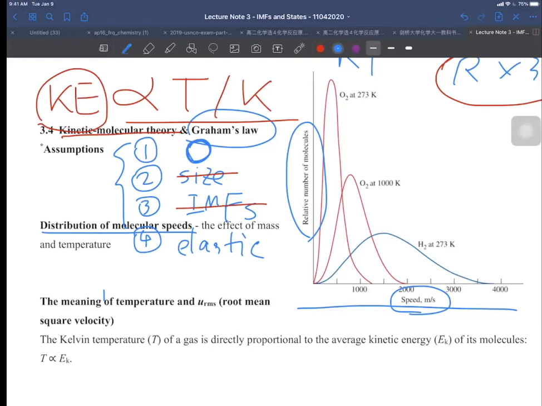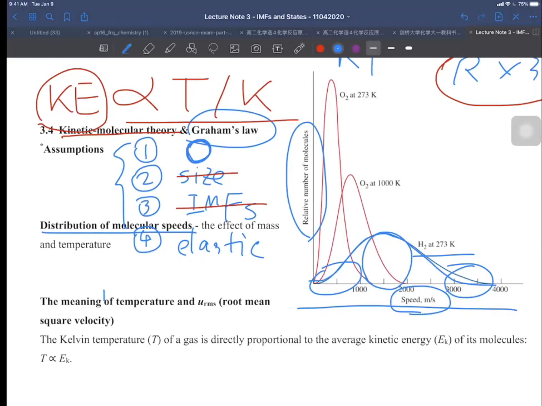At a certain temperature for a certain gas, it looks like this. What can we conclude? There will be a few molecules with a large speed, a few molecules with a very small speed, but the majority of the molecules have a medium speed. I think this is kind of natural. Not all of the molecules have the same speed.